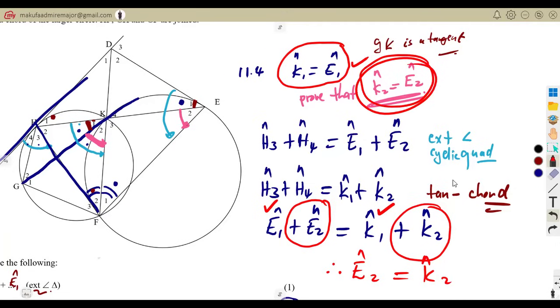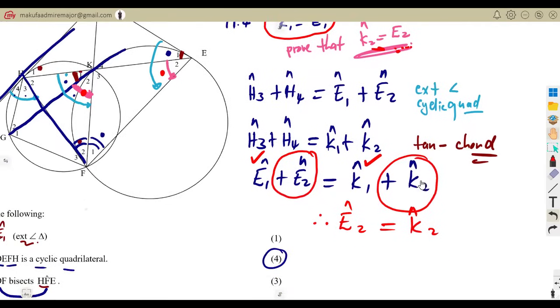If we can prove that angle E2 and angle K2 are the same, that's the theorem of it. The angle between a tangent and a chord is equal to the angle in the alternate segment. So this is the converse of the tan chord. Instead of using the tan chord, we are now working vice versa.